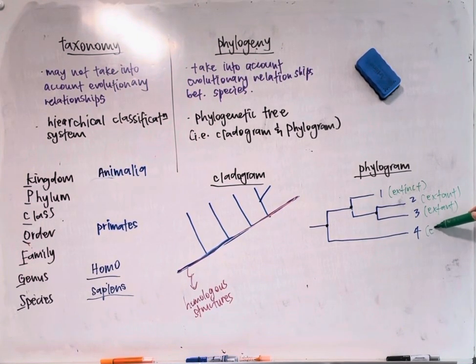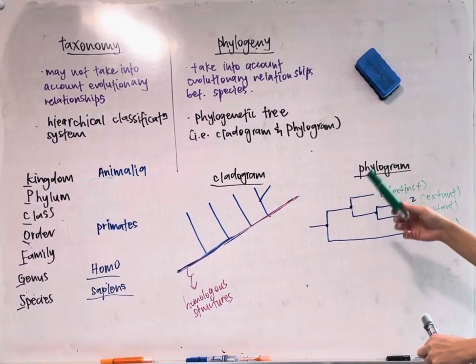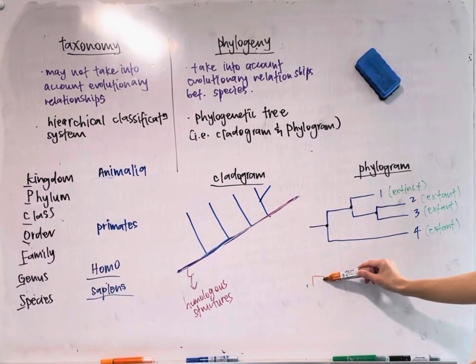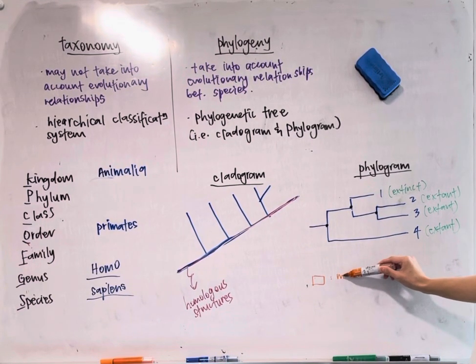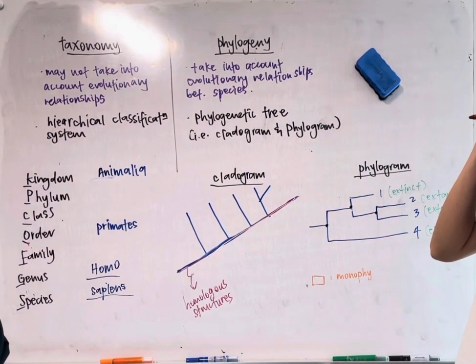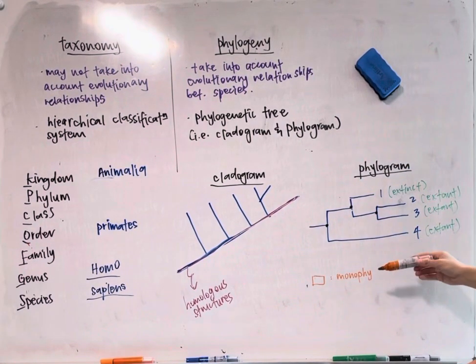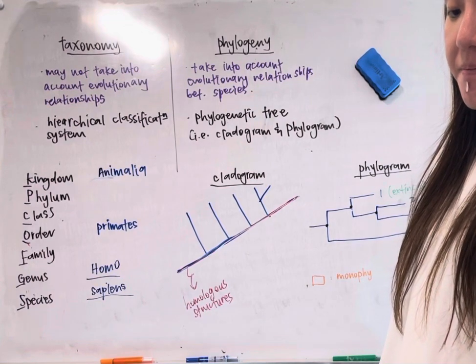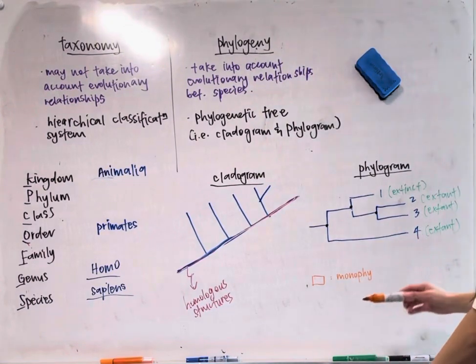Okay? Now, however, we are expected to learn clades, and clades are very common in phylograms. Let's start. First one, anything that's here is monophyletic. By definition, by the way, all those definitions are in your notes already, second column. Monophyletic, what does that actually mean? Valentia? What does monophyletic mean?